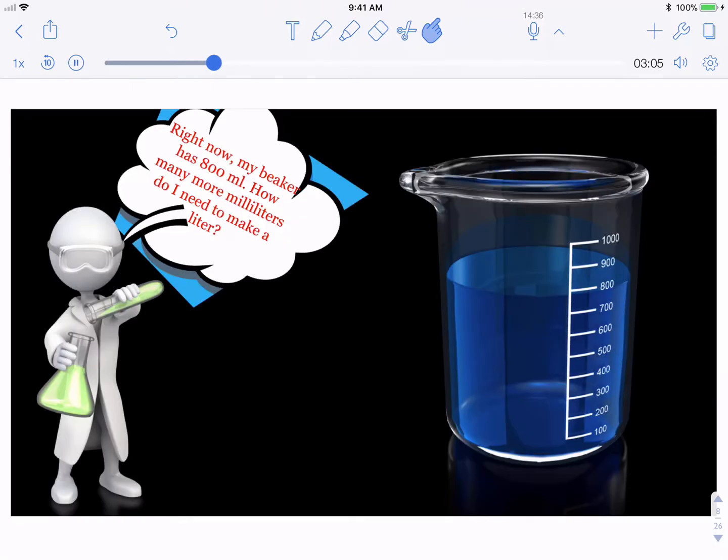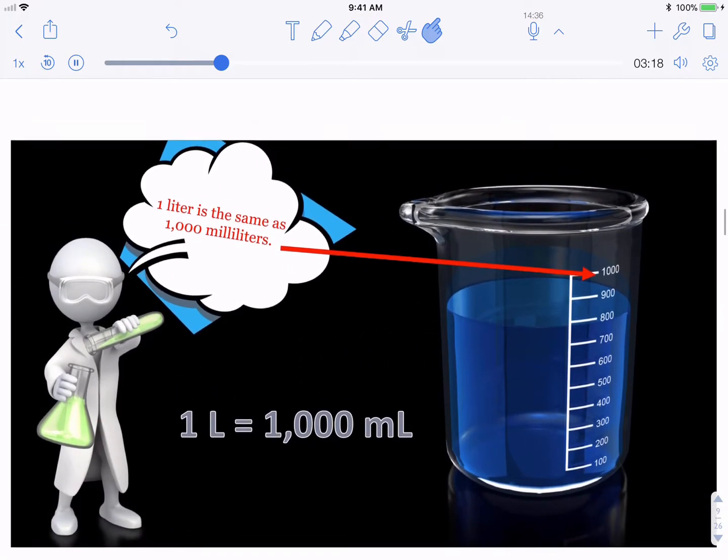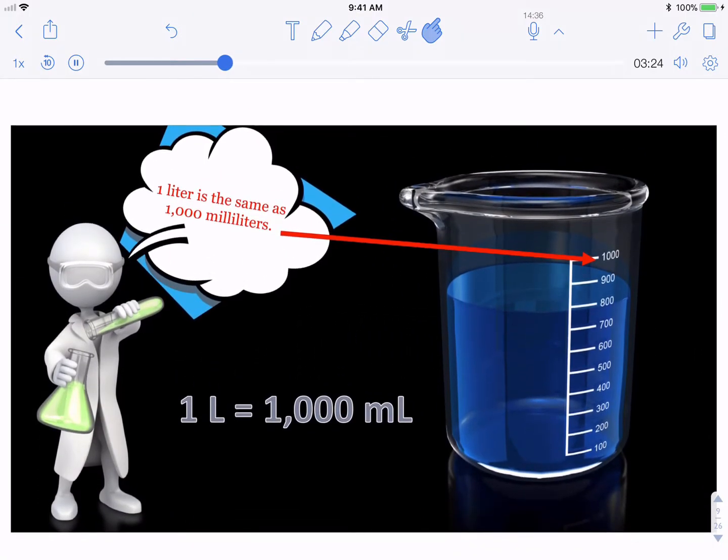Okay, right now my beaker has 800 milliliters. How many more milliliters do I need to make a liter? So I have 800. I'm going to draw a line for the 1,000 because, did you know that 1,000 milliliters equal 1 liter?